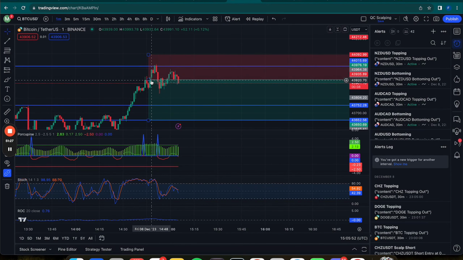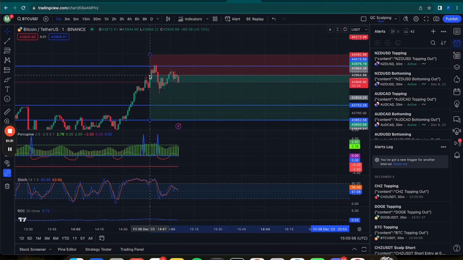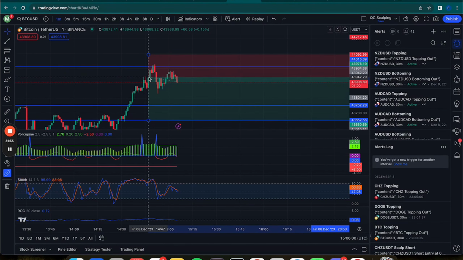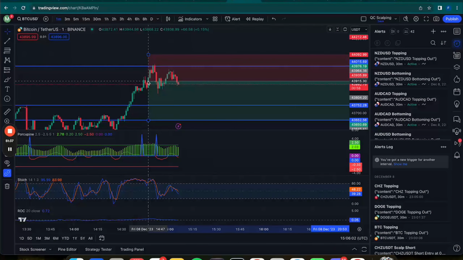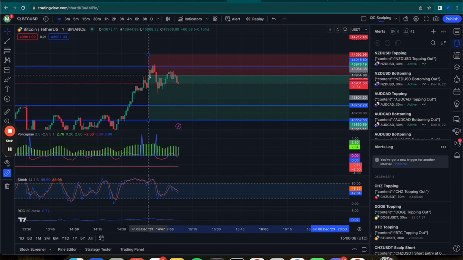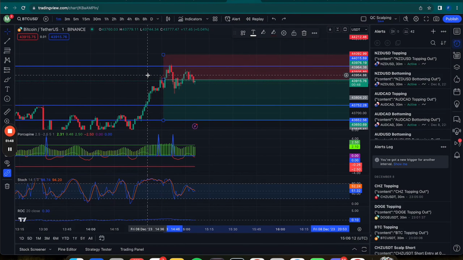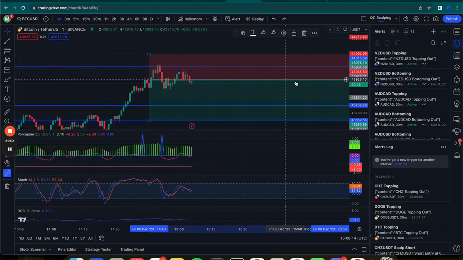Getting my average entry here would mean that instead of being down like 80% of the time in this trade, I'd be up like 80% of the time of this trade, which is a huge deal. It's a huge difference, right? Big difference for your risk management.